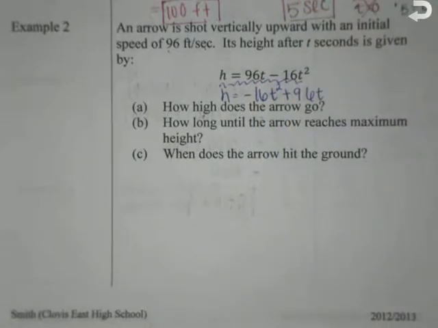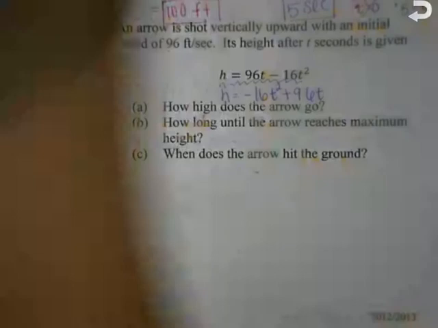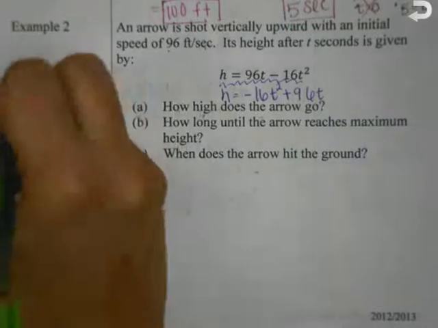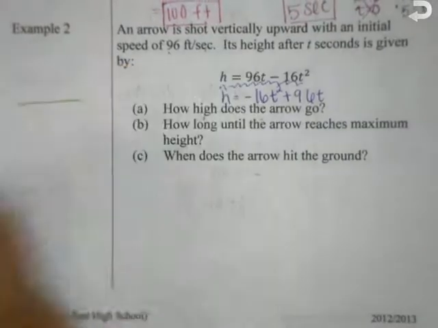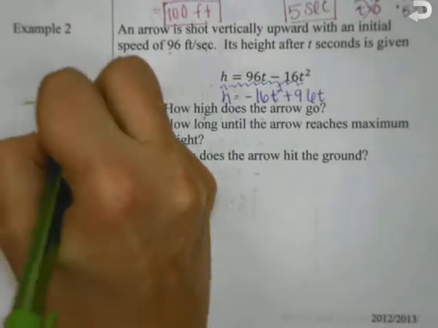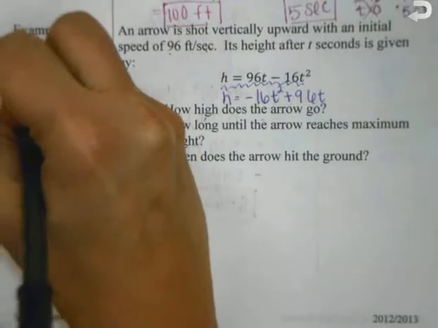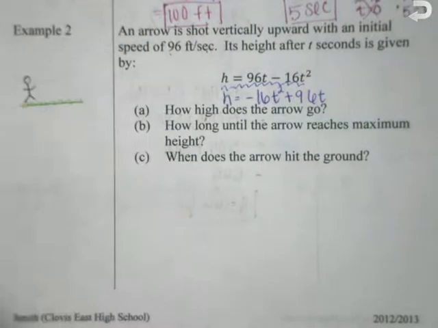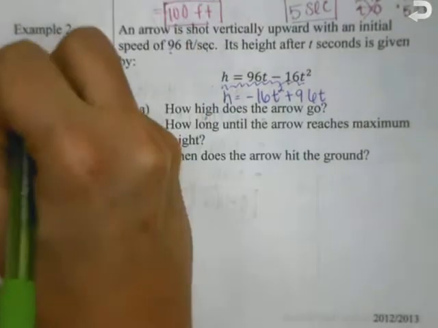So when we're shooting an arrow, let's say that we are standing on the grass. Here's my archer. Let's make him Robin Hood, with his little feather.